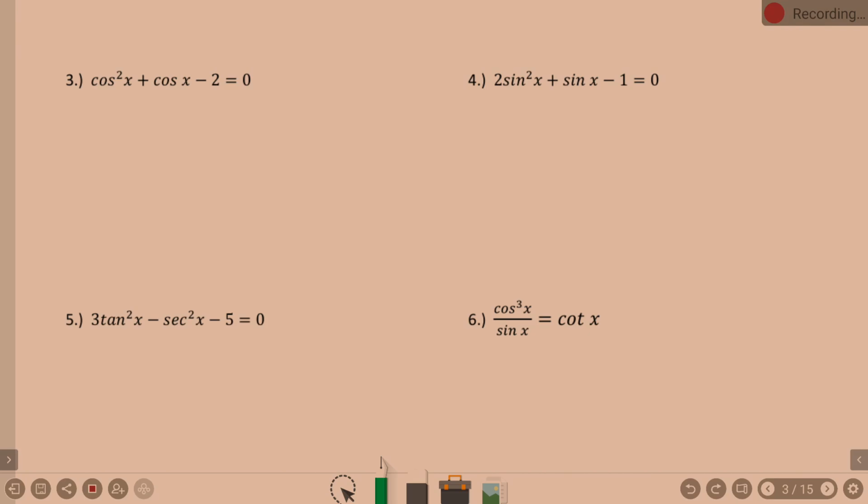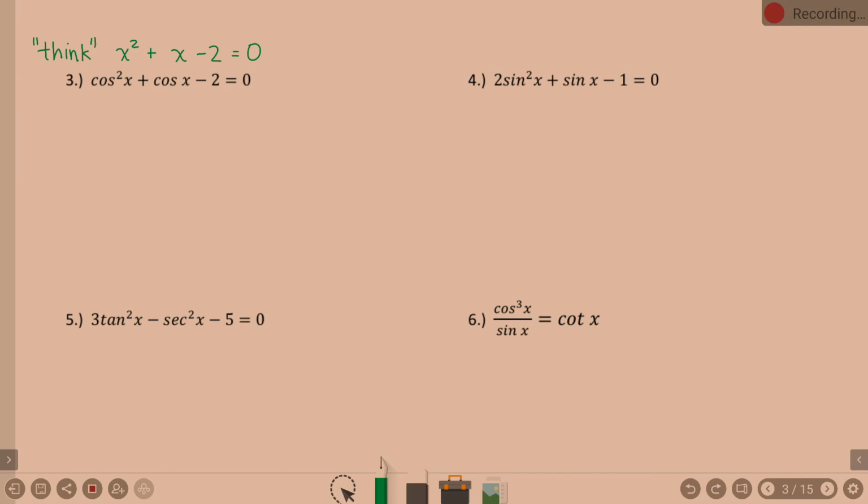I want you to think about this problem as if the cosines weren't in there. So if I delete the cosines, this is x squared plus x minus 2 equals 0, correct?